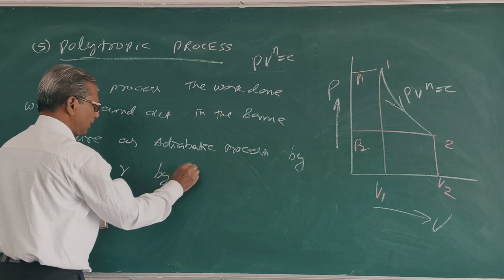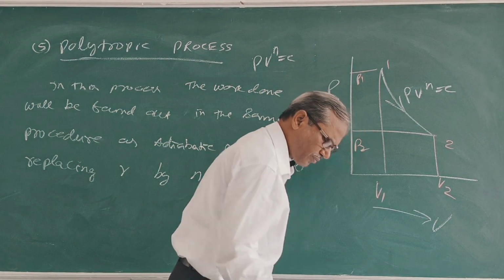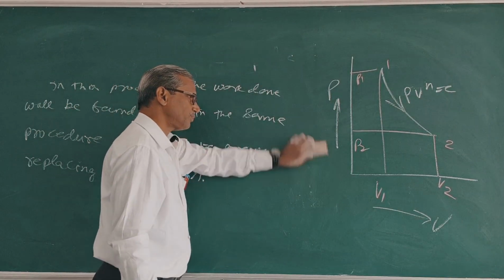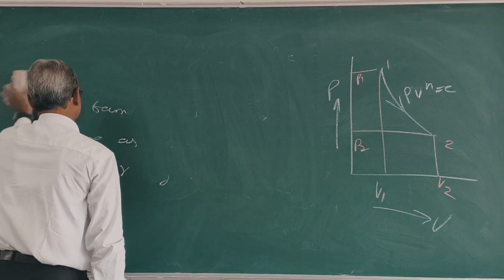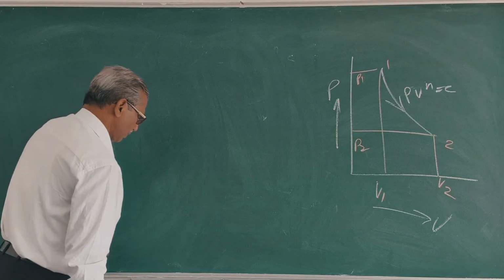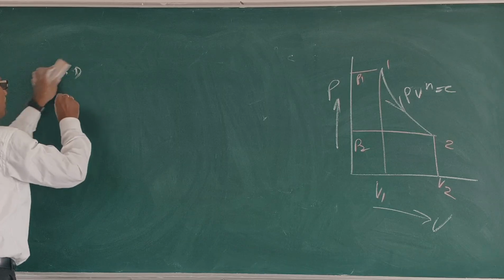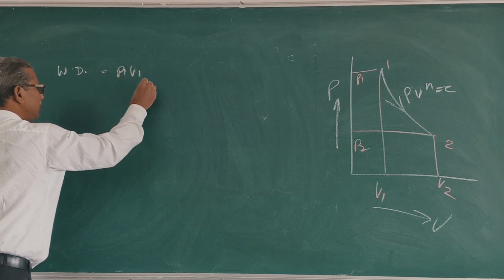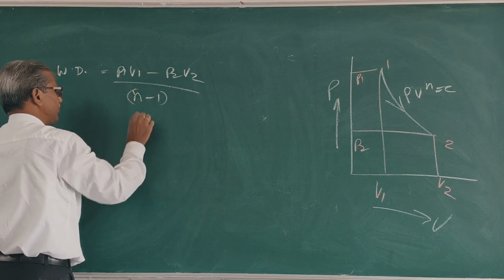Clear? Now, what is work done? Work done is equal to P1 V1 minus P2 V2 by n minus 1. Clear? Change in internal energy.